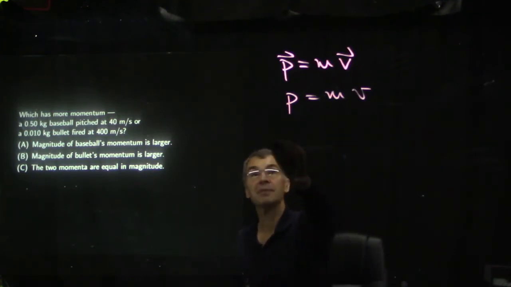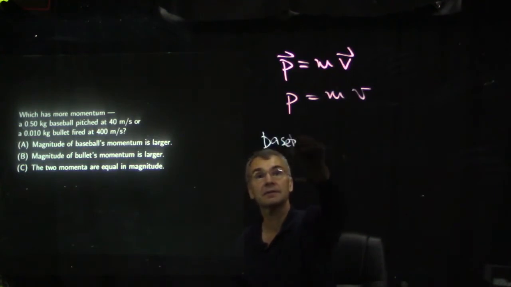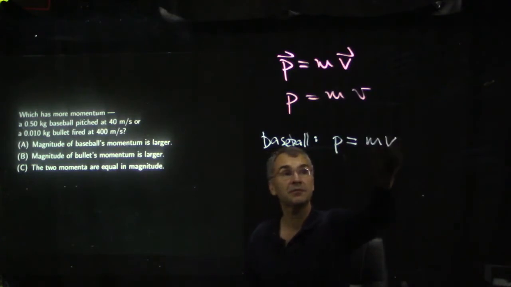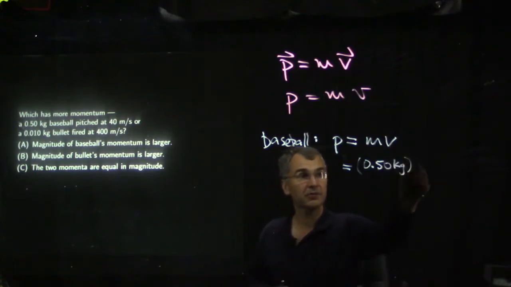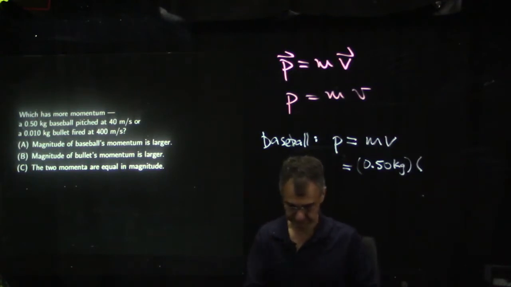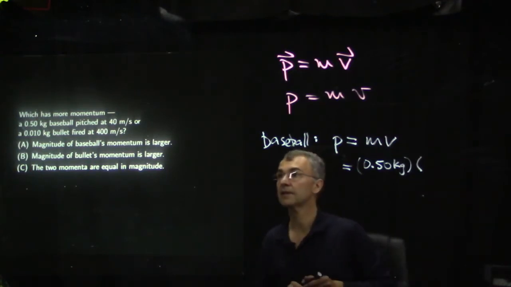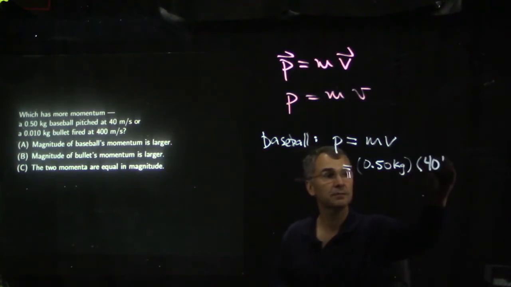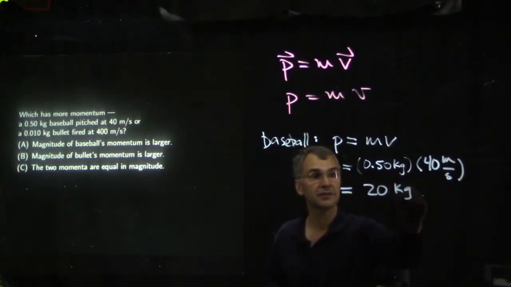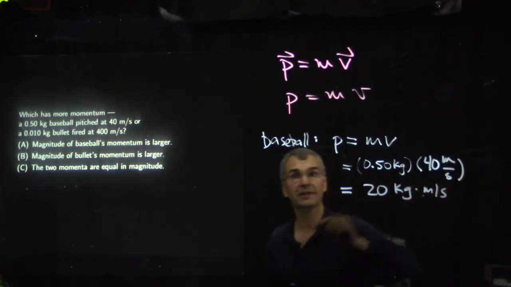So for the baseball, we have p is mv, mass times velocity, which is 0.50 kilograms times 40 meters per second, which is 20 kilogram meters per second.